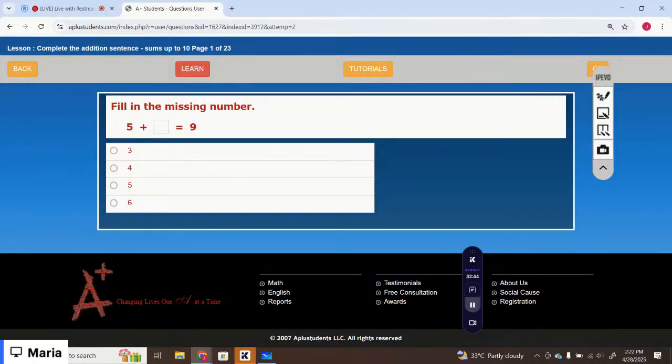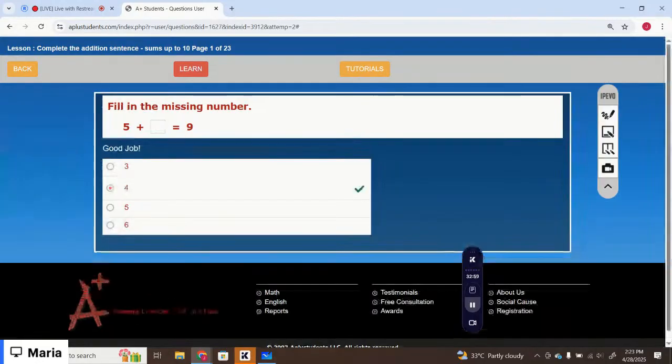You have to think of a number that when added to 5 makes 9. So 5 plus 4 makes 9. Option number 2 is the correct option. That is 5 plus 4 equals 9.